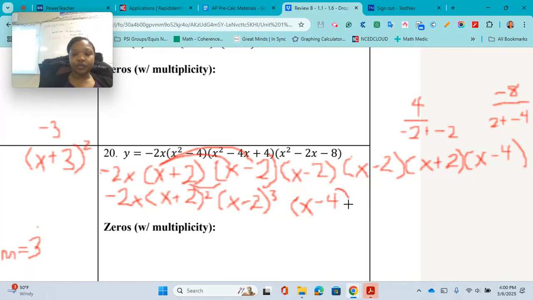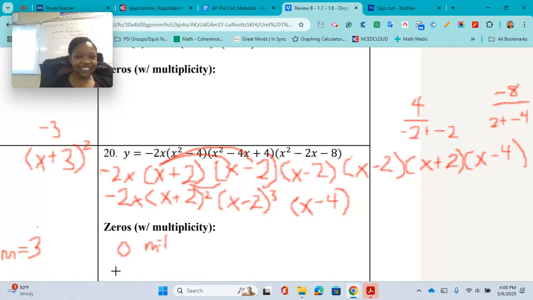Now, we can actually answer. What zeros do we have? 0 with the multiplicity of 1. Excellent. We also have, what would this be if I set it equal to 0?